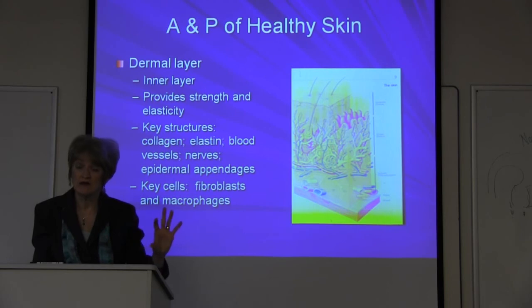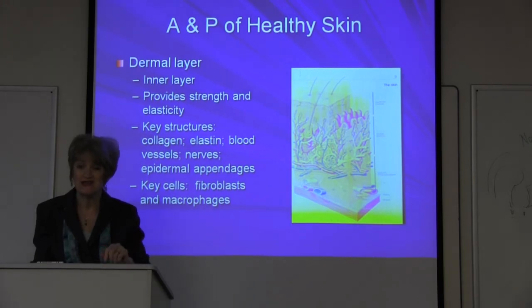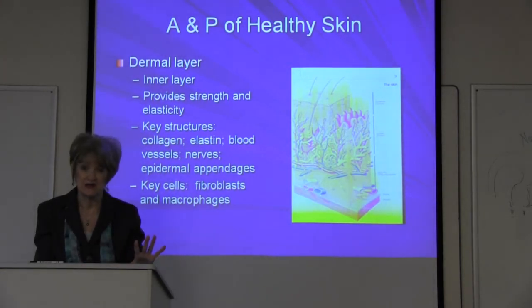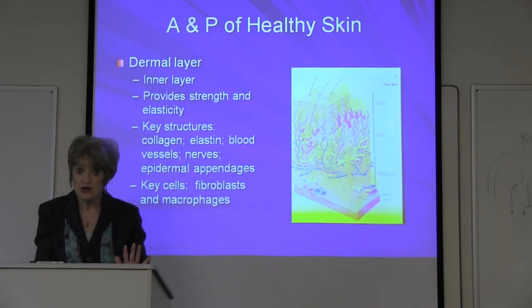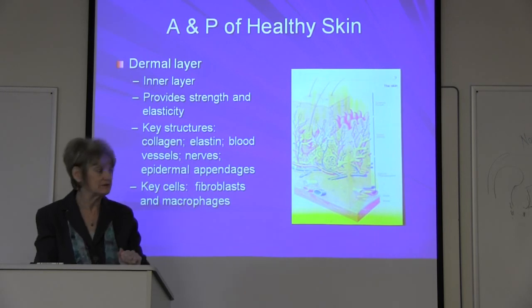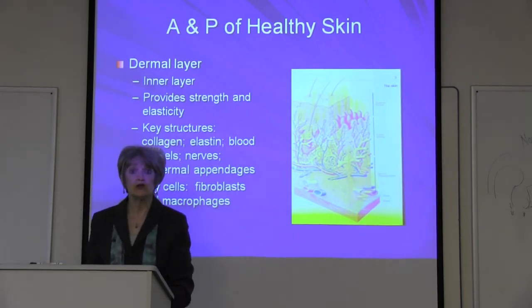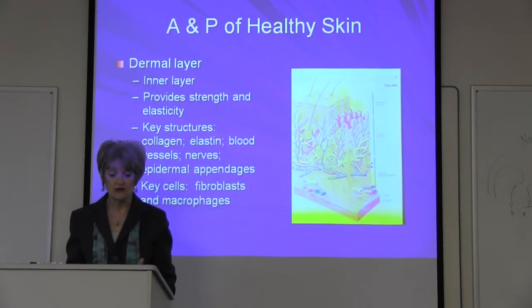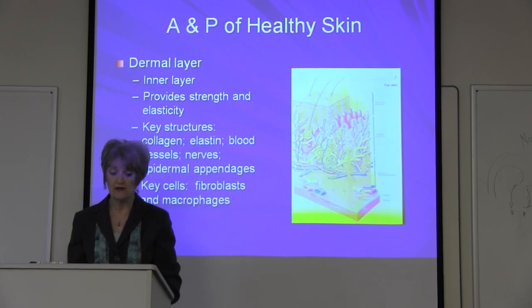So the upper layer of the dermis is known as the papillary dermis. The lower portion of the dermis is known as reticular. Not critical. You don't have to know that. We will not ask you that. We will want you to know about the key cells and the key structures in the dermis.